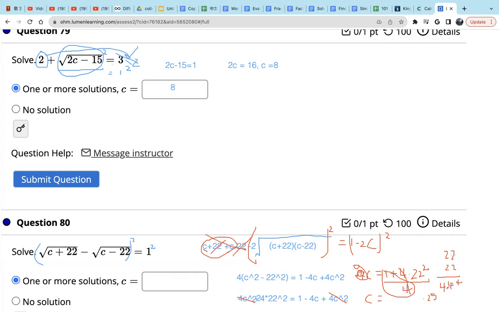So the 4s cancel, we have 484 left. So the answer for this is 484 and 1/4, a mixed number. If you like to use decimals, that's 484.25.